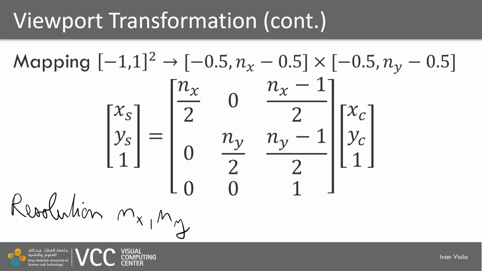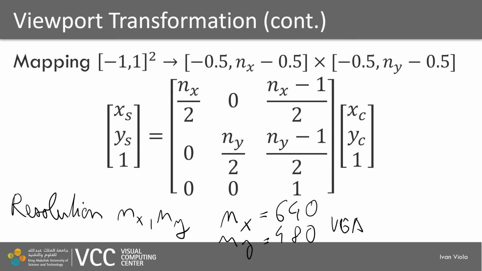So what we would like to do is to scale first, because let's say nx equals 640 and ny equals 480, which is the VGA resolution from many years back. And now we want to scale up this -1, 1 range.